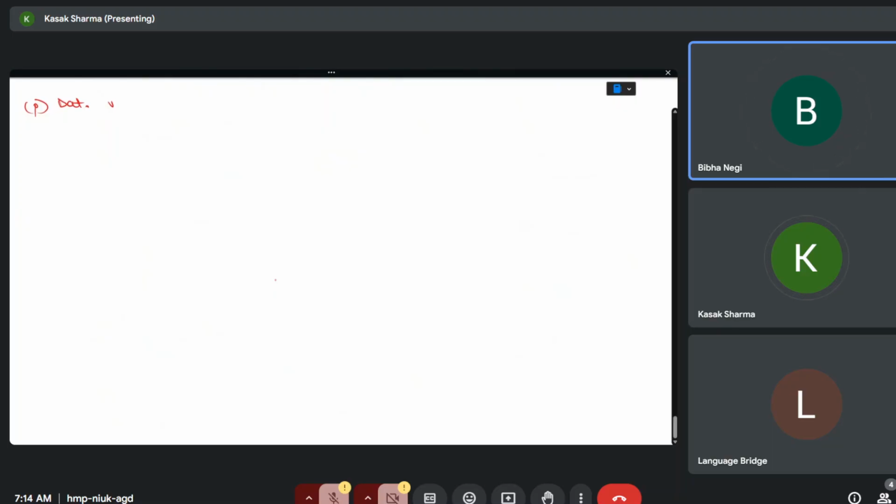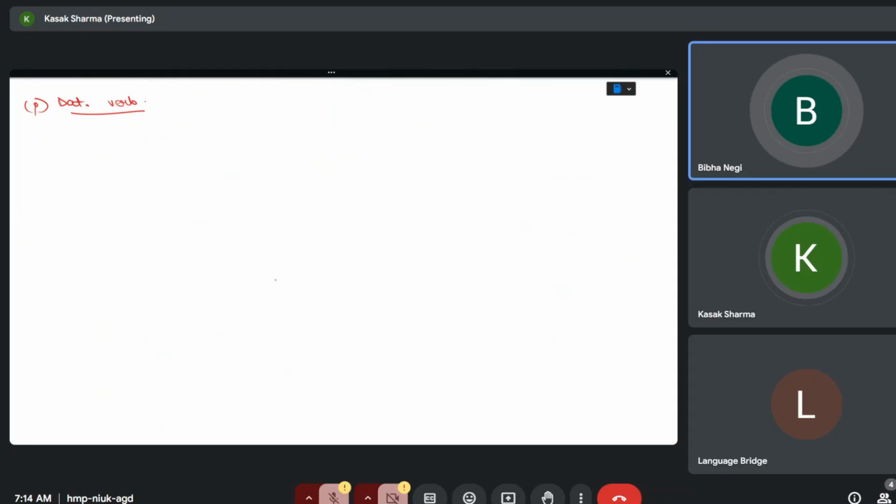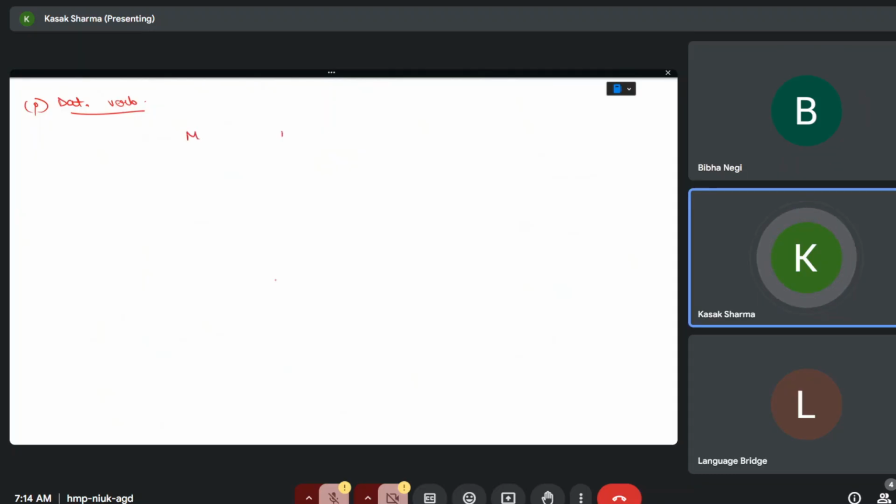Coming to this dative verb, let's do the table. It is dem, der, dem, den plus n.